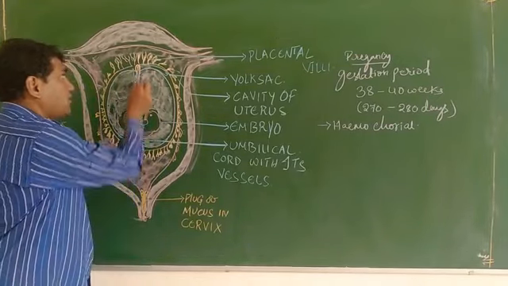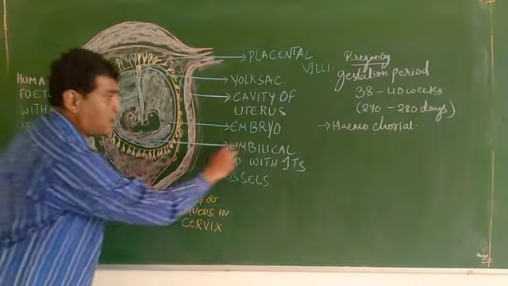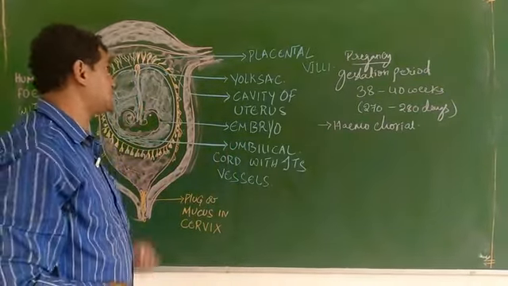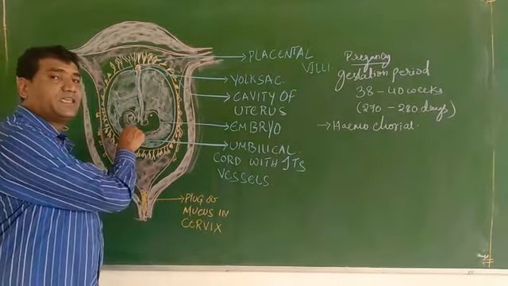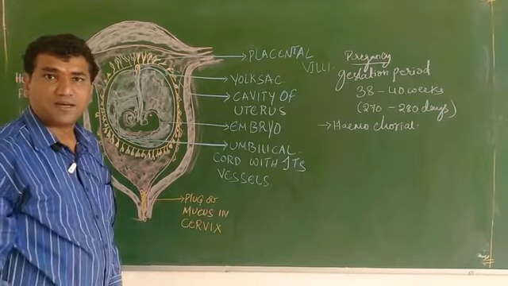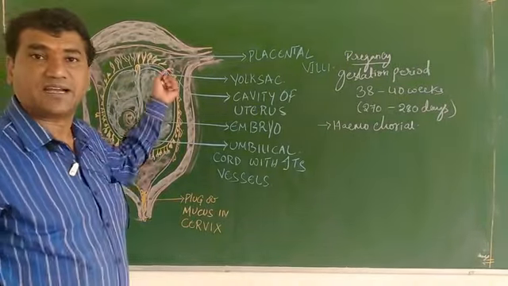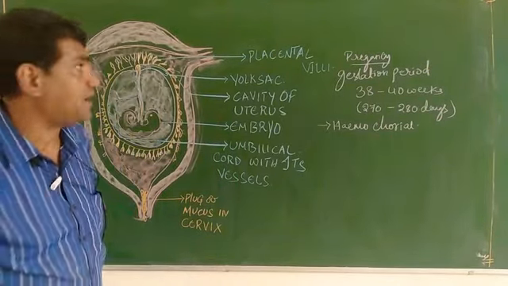And you can also see that the fetus is connected to the mother's uterine system through a cord with vessels. Three vessels are present, called the umbilical cord with 3 vessels. This is the basis of the connection of the embryo with the mother's uterine system, and the place where this is connected to the mother is called the placenta.